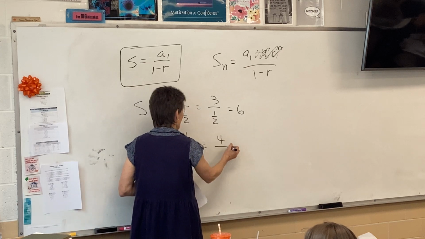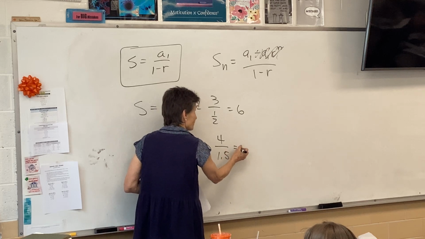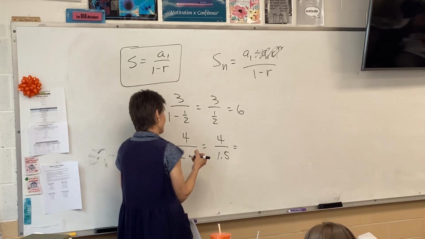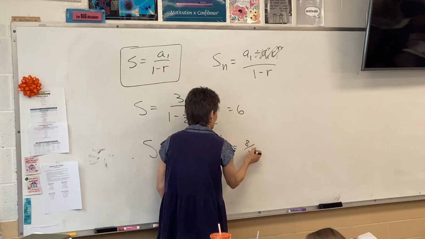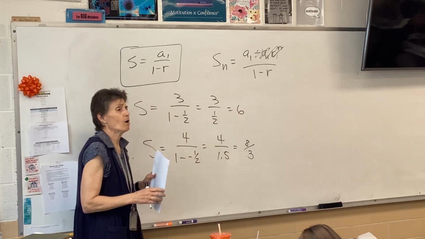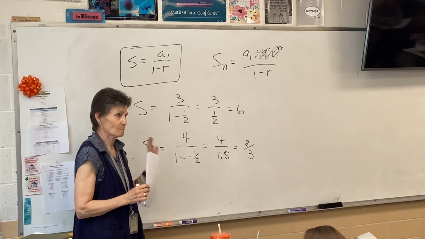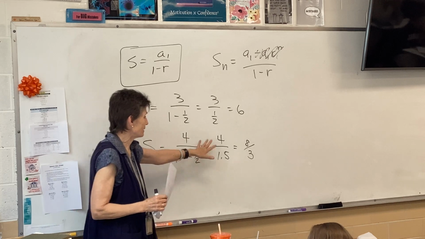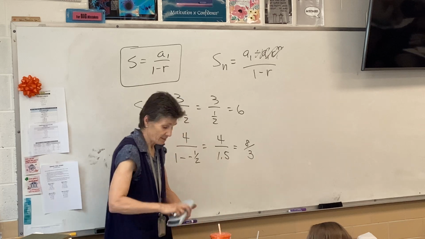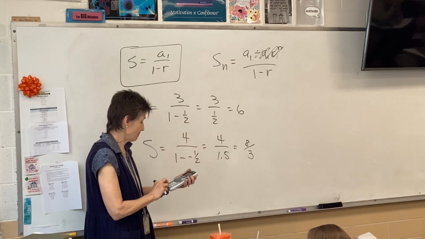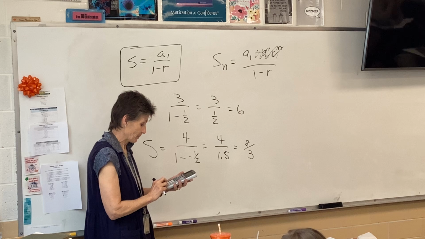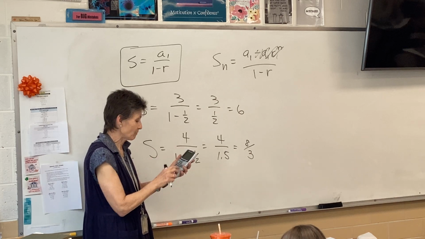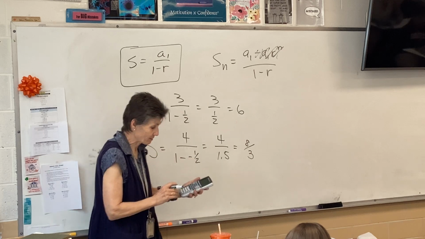So 4 over 1.5, right? Which is what? 8/3? Remember, we aren't having decimals unless we have to have decimals. So when you type that in, you get 2.6666, so you hit math graph, and it gives you 8/3.